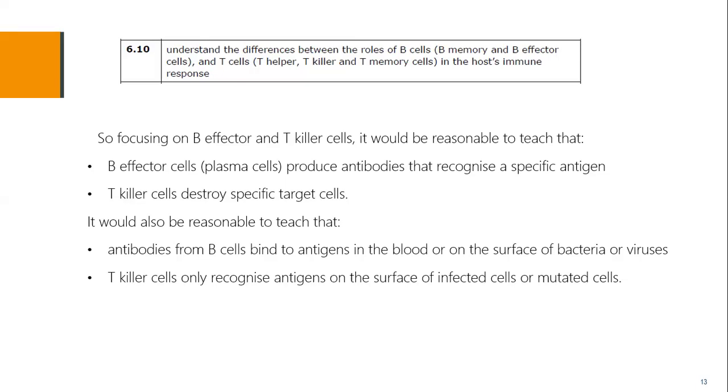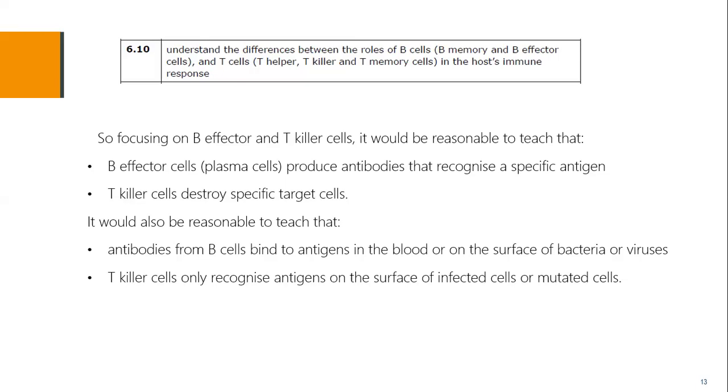Equally, they should be taught that T killer cells have receptors that recognize specific antigens on the surface of the cells, e.g. viral proteins on the surface of virus-infected cells.